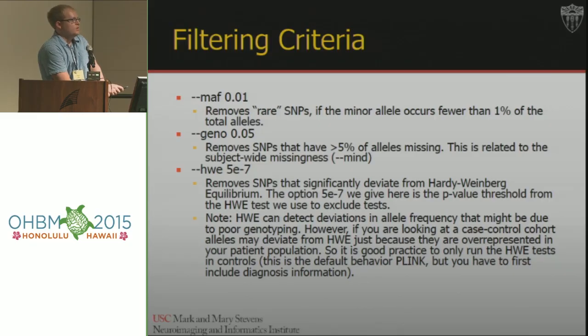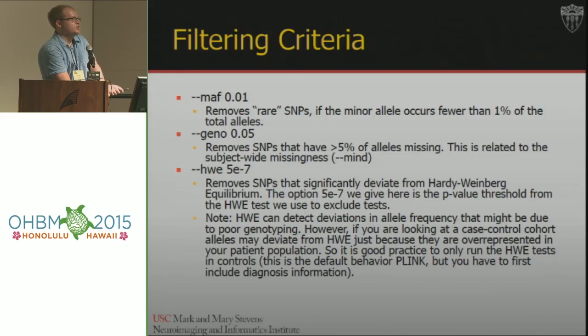And here we tend to use this test to look for indications of poor genotyping. It's often the case that if a SNP is poorly imputed or poorly genotyped, the genotype will deviate from what you would expect given the distribution of alleles.